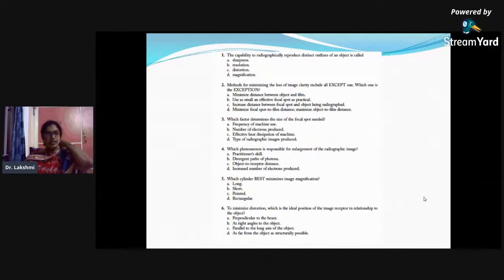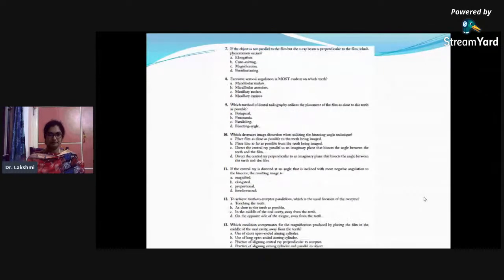So sixth question, to minimize distortion, which is the ideal position of the image receptor in relationship to the object? Option is C, parallel to the long axis of the object. Question number 7. If the object is not parallel to the film but the X-ray beam is perpendicular to the film, which phenomenon occurs? Option is D, that is foreshortening.